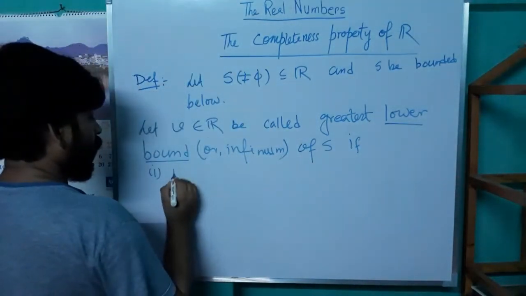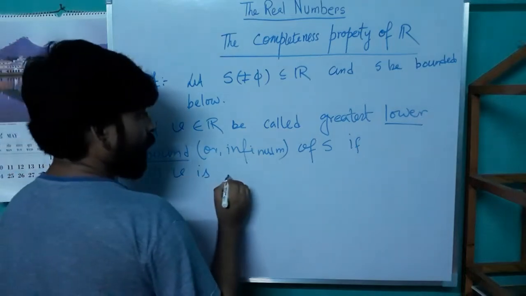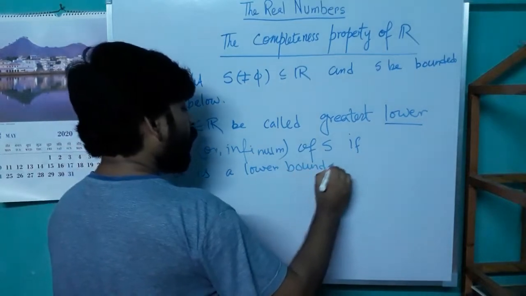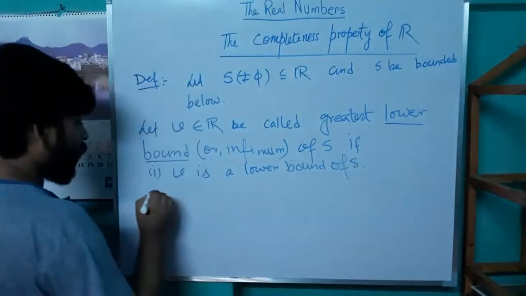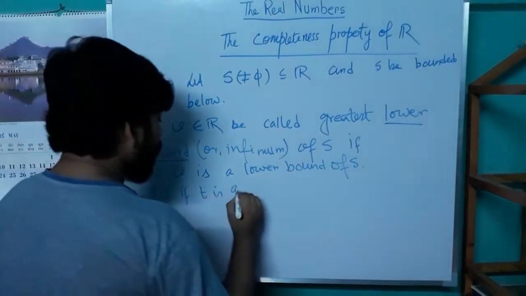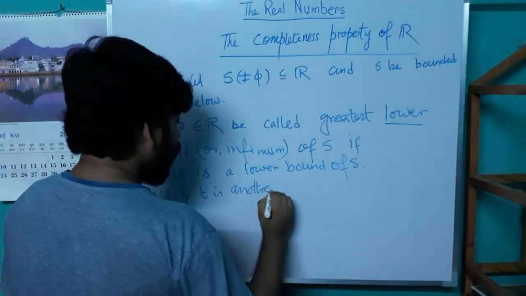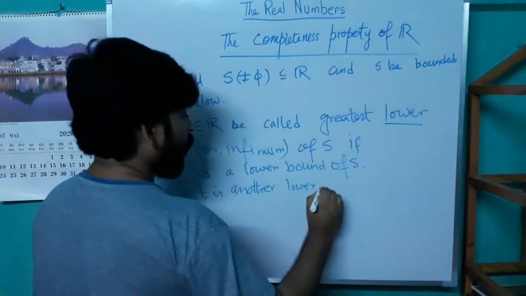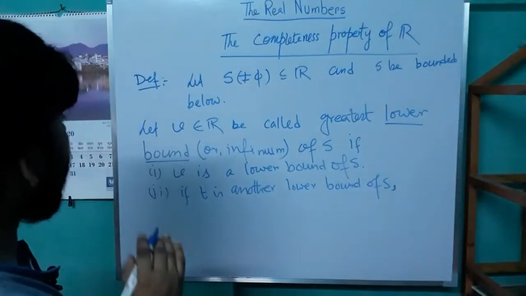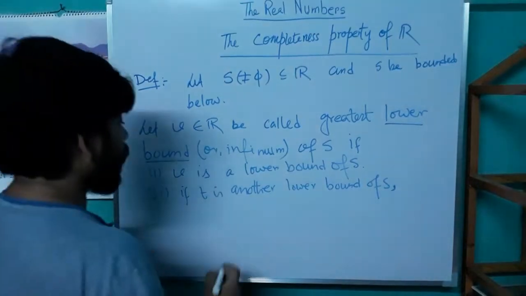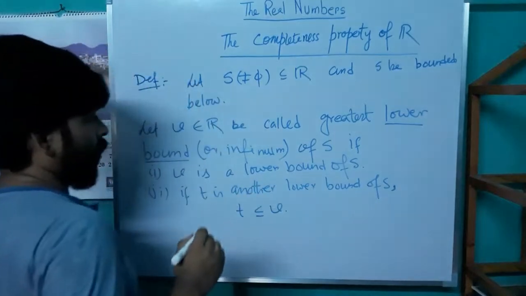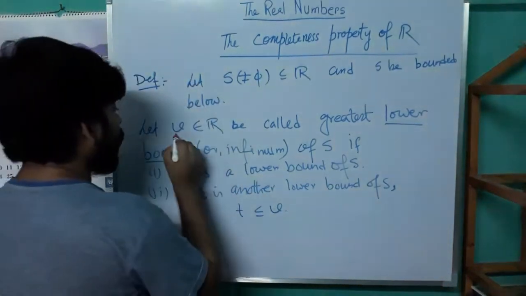If V is a lower bound of S. Next condition, if T is another lower bound of S, then V must be greater than T. That is, T is less than or equal to V.